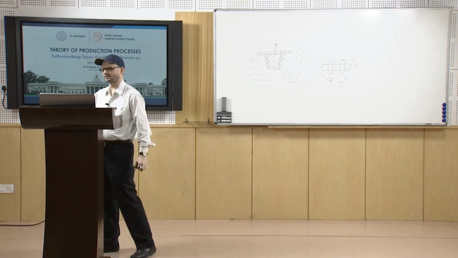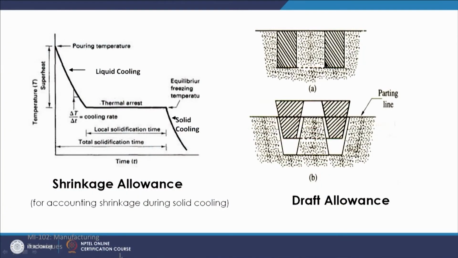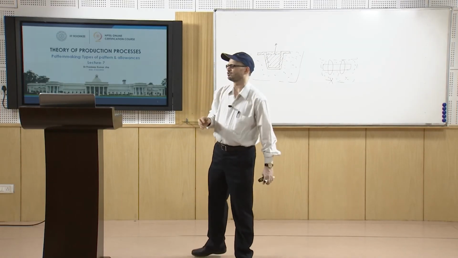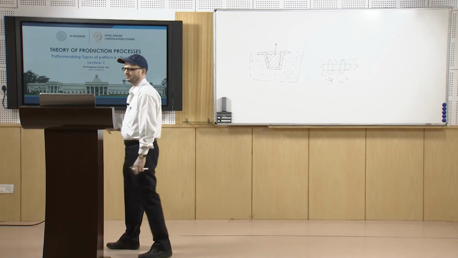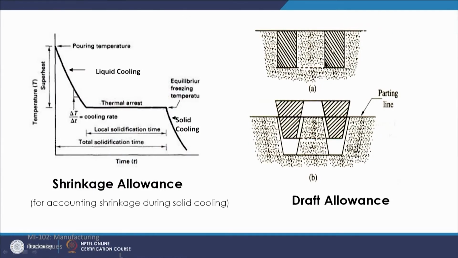Similarly, next is your draft allowance. As you see, the draft allowance is here. Once you have to take it out, then on the vertical surfaces you have to give a taper, so that you are able to take it out without damaging the sides. As you see, this is the actual shape you are making.